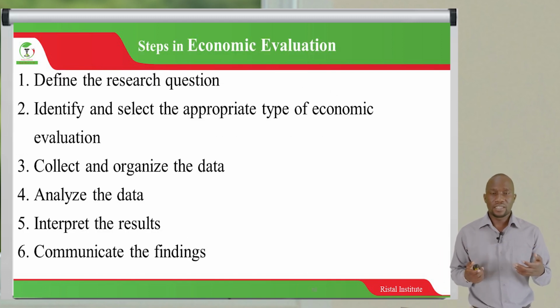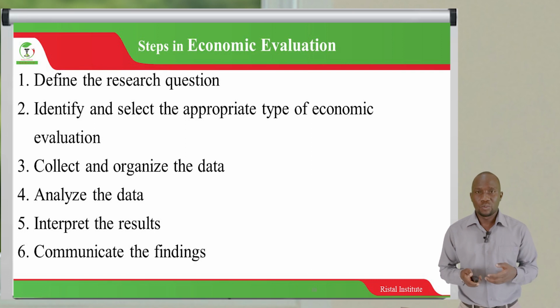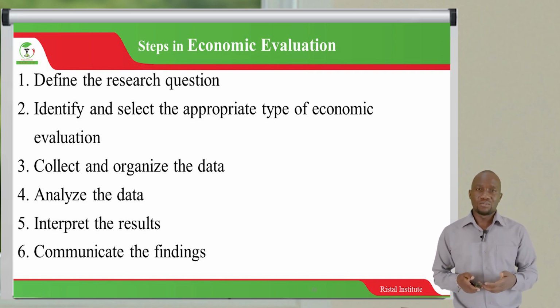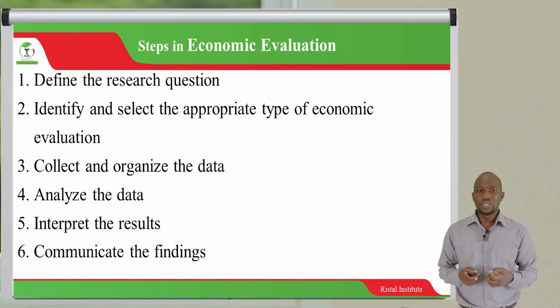Overall, if you are to conduct an economic evaluation for any project, you have 6 steps that you can follow. You need to have the right question that you're asking yourself about the interventions, and then select the appropriate type of economic evaluation that you're going to use.